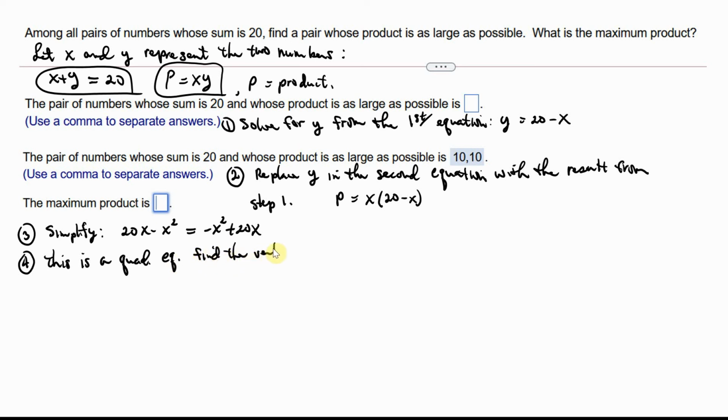Find the vertex. It doesn't have a C over there, that's fine, but I can work the process. So this is negative 1 times x squared plus 20x. I'm going to factor out a negative 1, that's a. So it's negative 1 times x squared minus 20x.